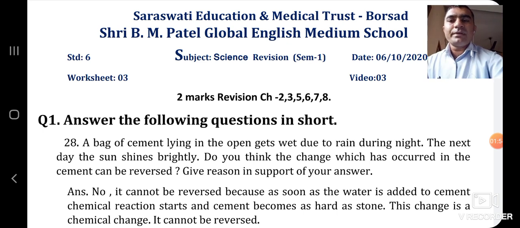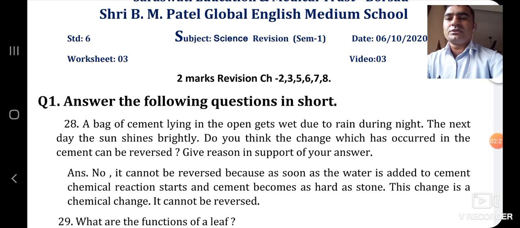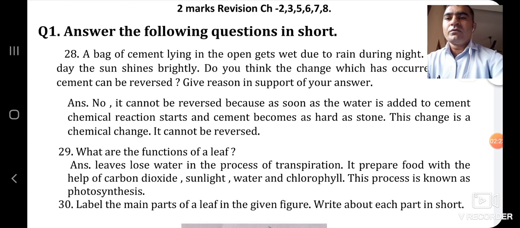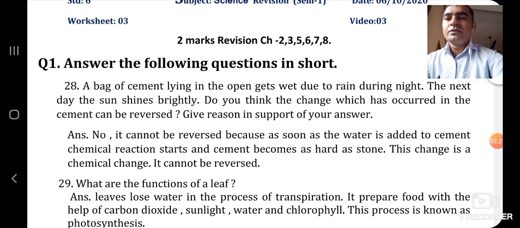This change is a chemical change and it cannot be reversed. So it is an irreversible change.